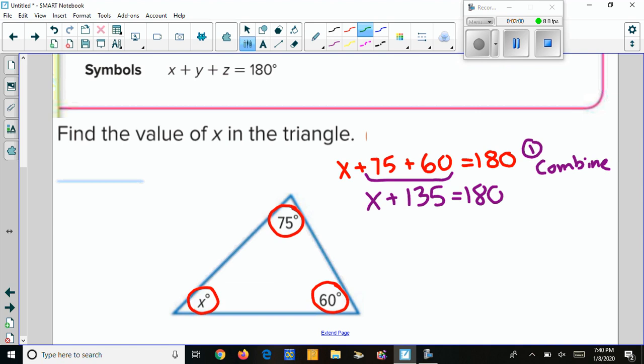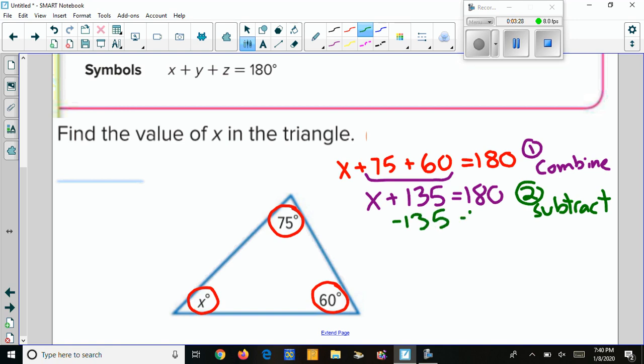Next, to get x by itself so I can solve this, I'm going to go ahead and subtract. All of these problems where it gives you angles of a triangle and you have to find the missing one, you're going to have to combine like terms and subtract at some point.